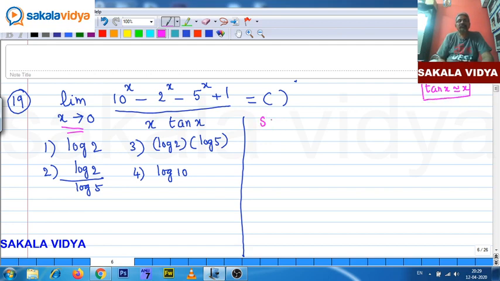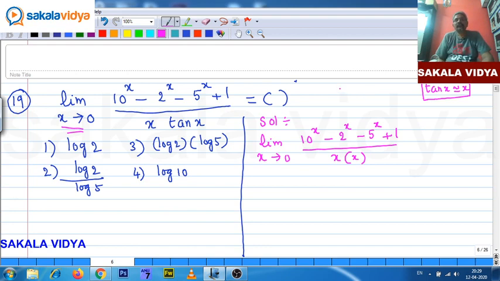So the solution follows like this. Limit x tends to 0, 10 power x minus 2 power x minus 5 power x plus 1 upon x into, in the place of tan x, write x. This 10 power x we can write as 2 into 5 power x, so that can be written as 5 power x into 2 power x.